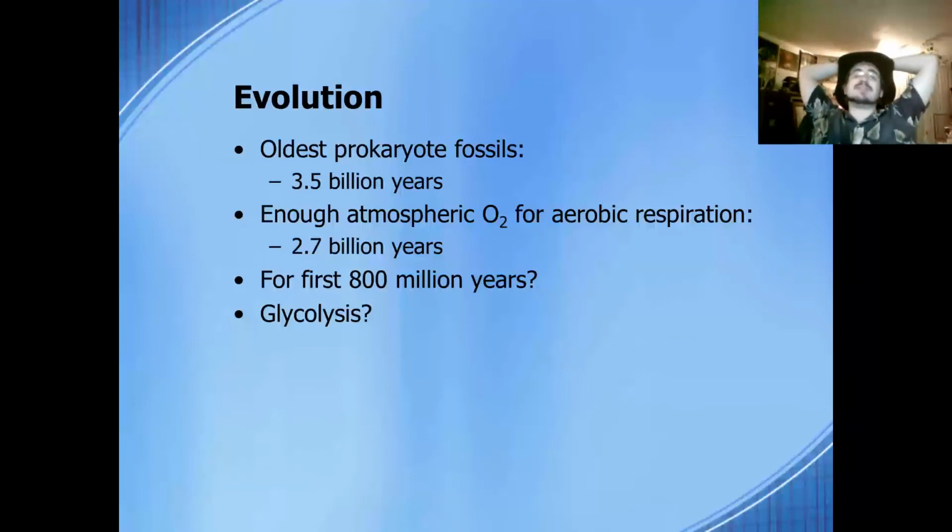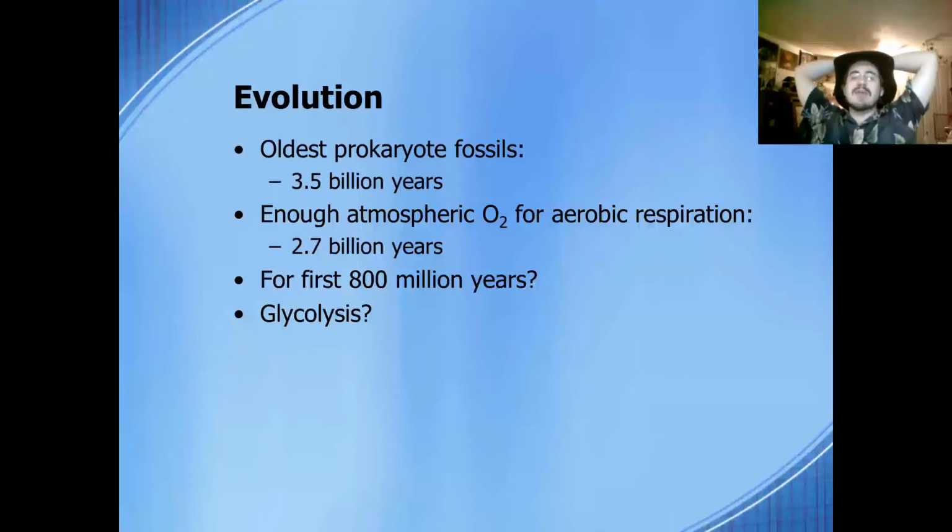Since glycolysis is shared by every single living thing, that's pretty good evidence that it was one of the very first cellular processes. The older the cell, the more likely we are to have some kind of features associated with it. So the fact that that feature is in every single living cell, no matter the species, is pretty decent evidence that glycolysis was the very first energy producing pathway.